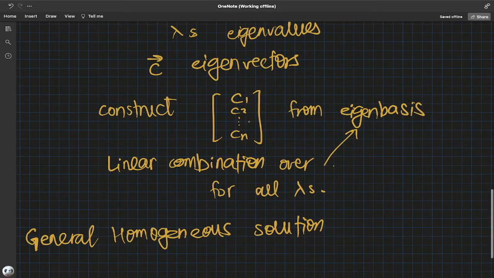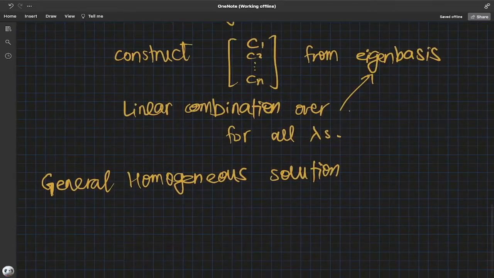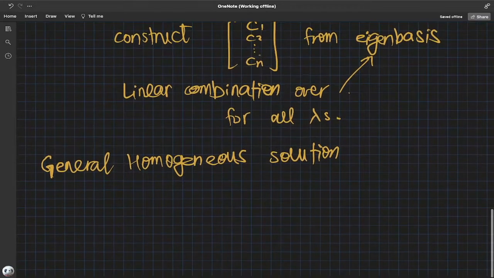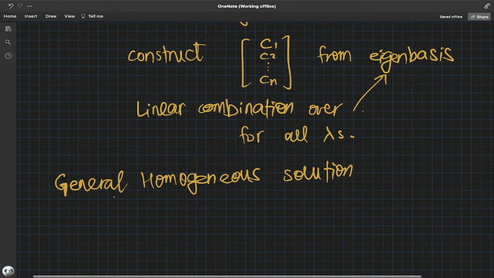Find the eigenvalues, get the eigenvectors, get an eigenbasis, represent the coefficients or the amplitude vector as a linear combination of the eigenbases, and that will generate your homogeneous solution in the most general form.